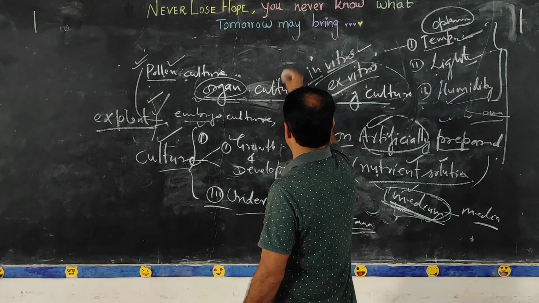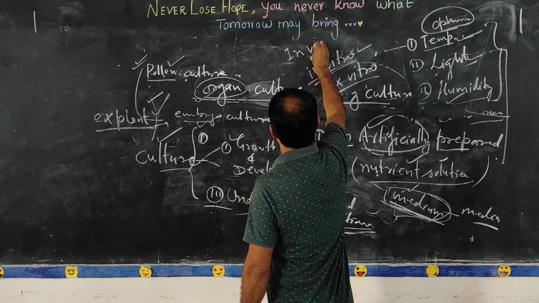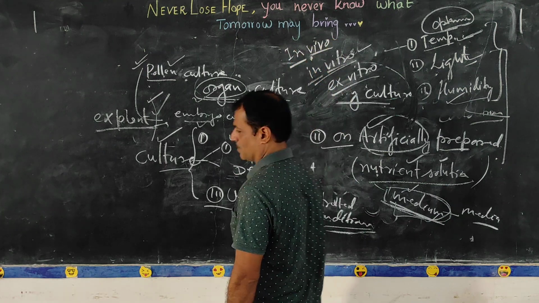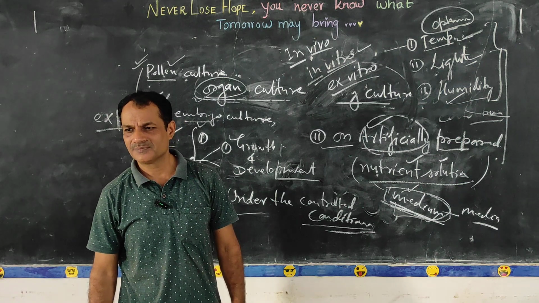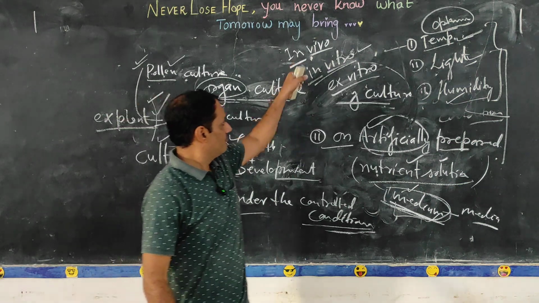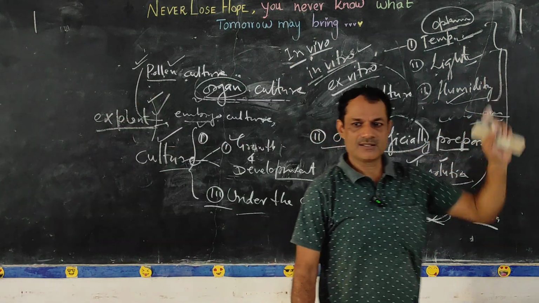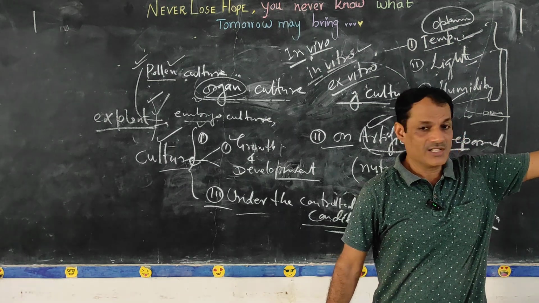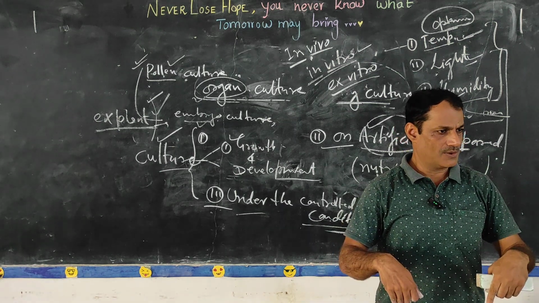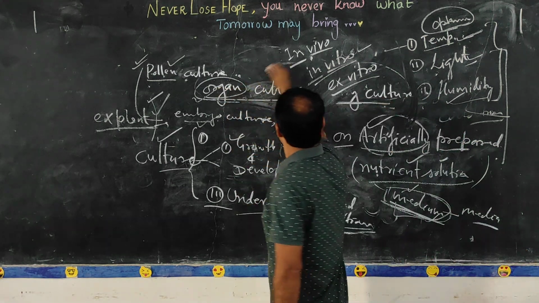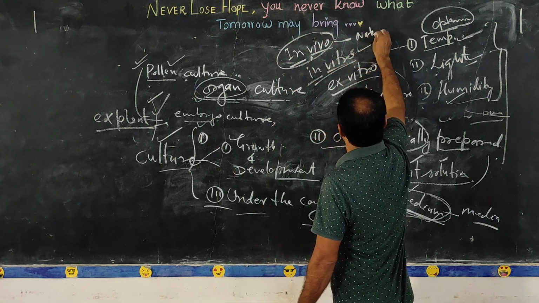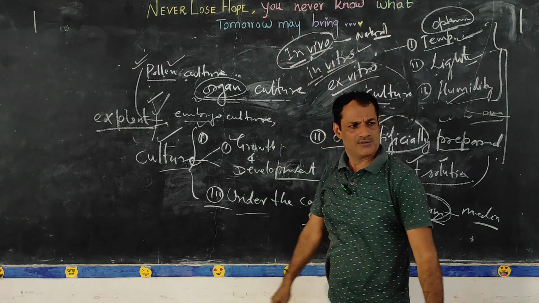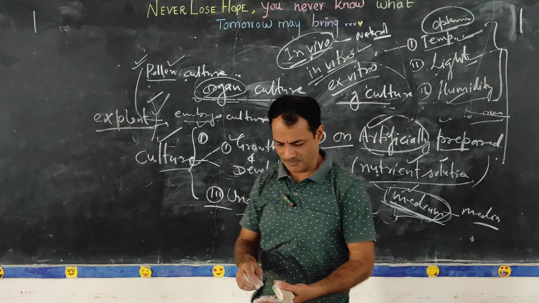And one more word is in vivo. In vivo means under the natural conditions. The plant is growing in nature without our control, without any type of our control.